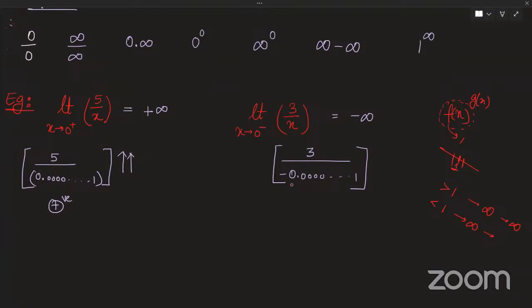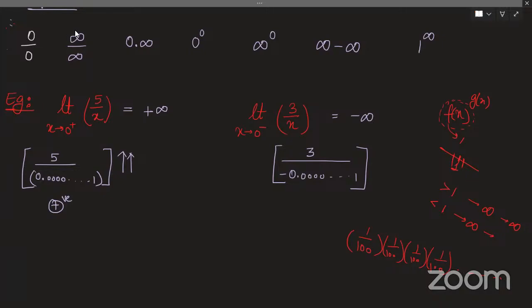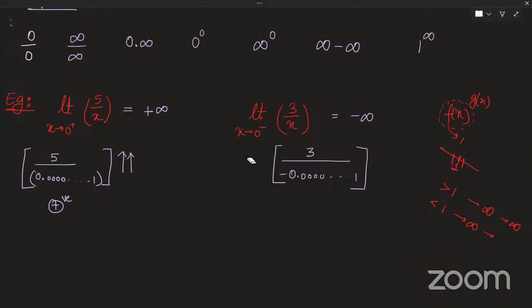You can just think of any number between 0 and 1. So just take 1 by 100. You keep on multiplying this number with itself infinite times. Where will this value go to? 1 by infinity. What is 1 by infinity? 0. Correct.